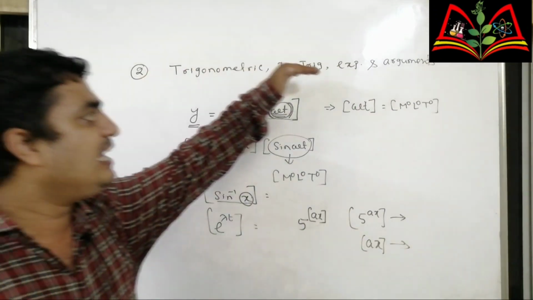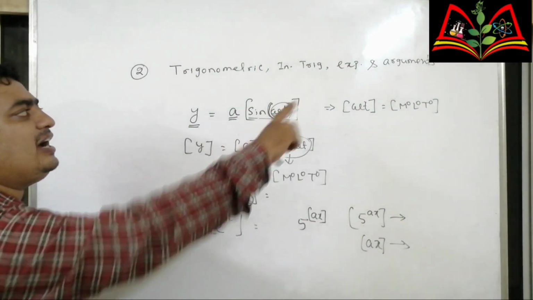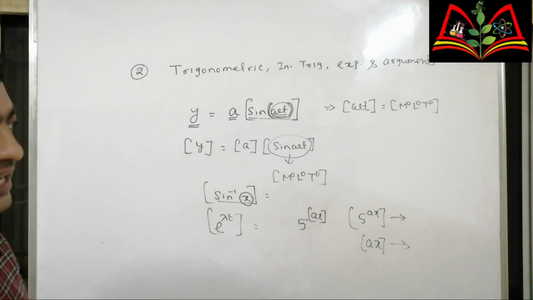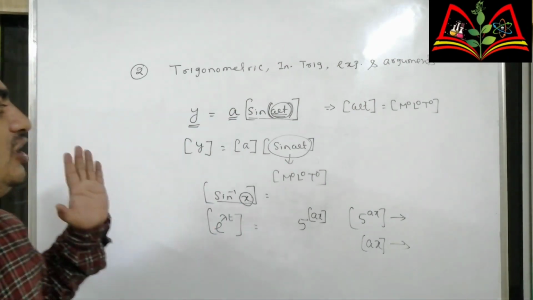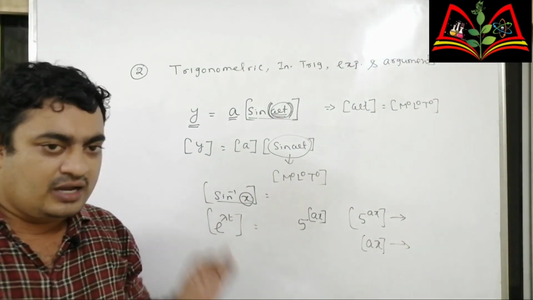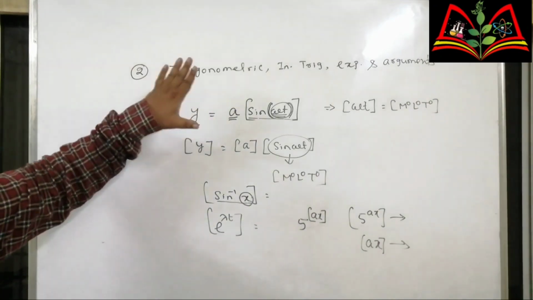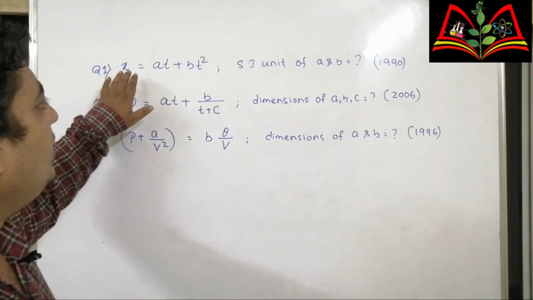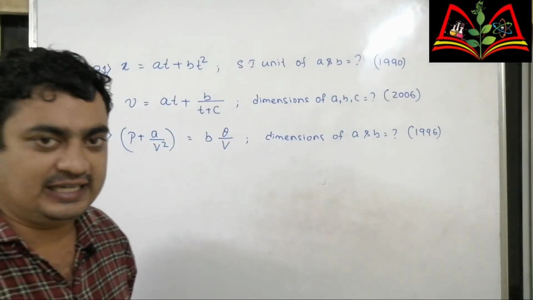Trigonometric functions, inverse trigonometric functions, exponential functions, they all are always dimensionless, as well as their arguments are also dimensionless. Now we'll do some problems depending upon these properties. Today we'll go for some problems which are asked in previous medical exams.